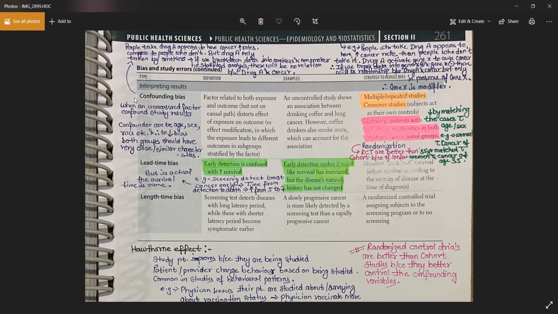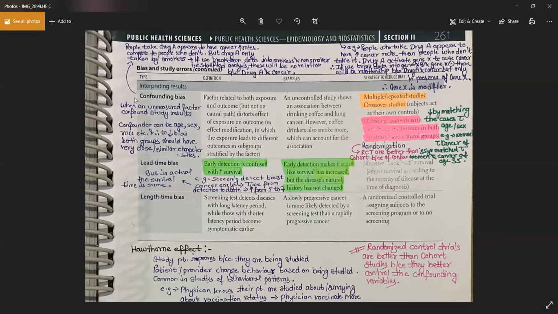Okay, now what you're going to do, you have selected two groups, one with the history of chocolates and the other with no history of chocolates. Then you see which individuals have the esophageal cancer and which do not.